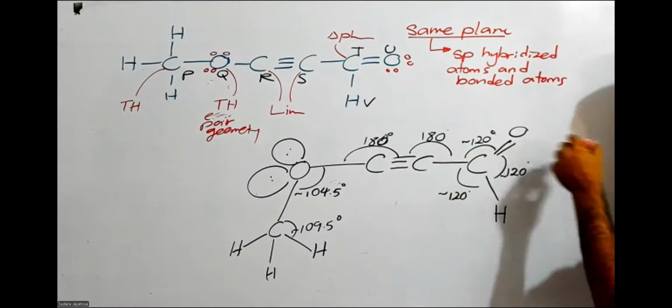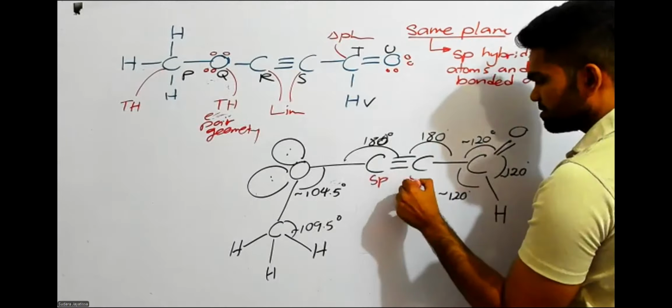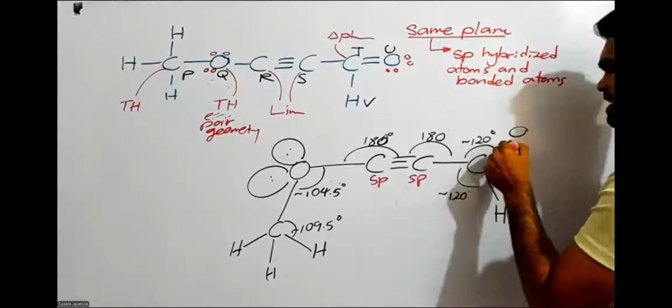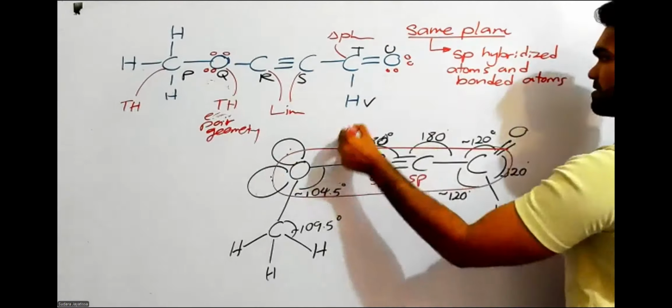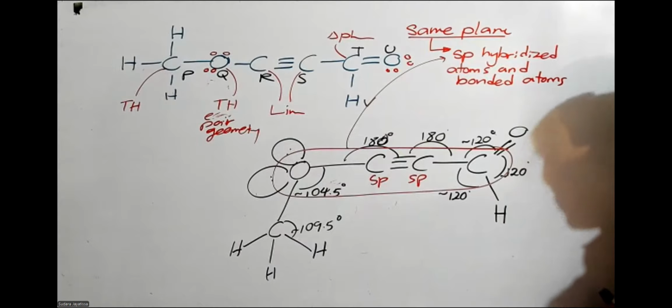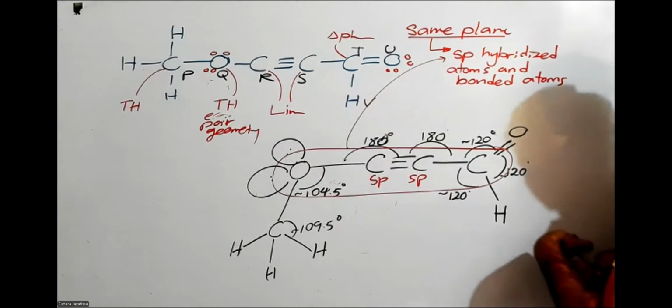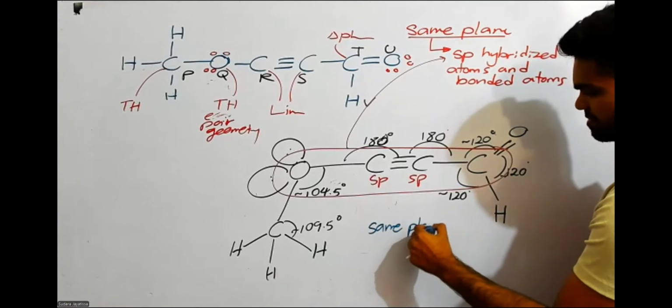For example, here you can see these two are the sp hybridized atoms and the bonded atoms are these. So these 4 atoms are in the same line. Understood?